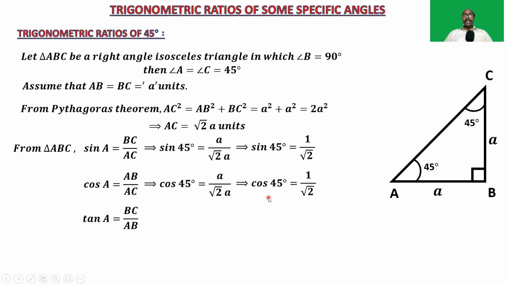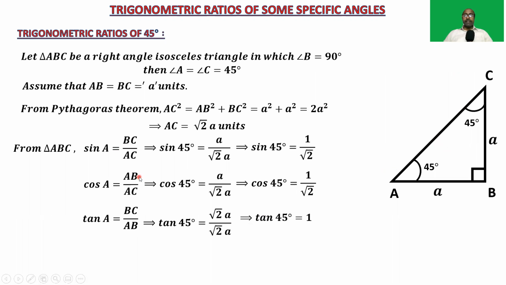And also tan A equals opposite by adjacent, that is BC by AB. So tan 45 degrees equals root 2 into A by root 2 into A, which equals 1. So in this way, we got sin A equals 1 by root 2, cos A equals 1 by root 2, and tan A equals 1.